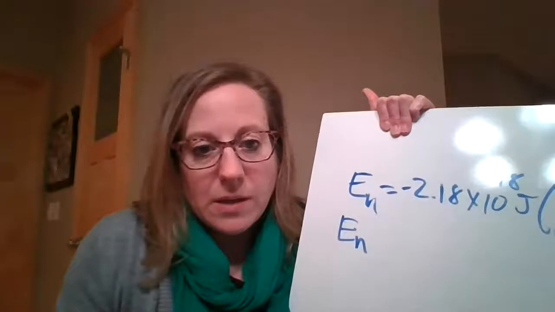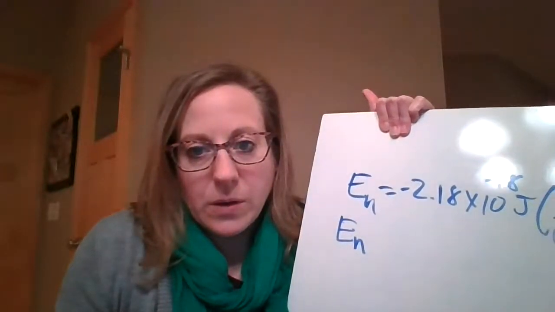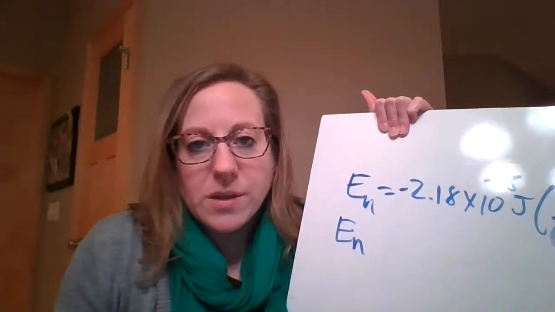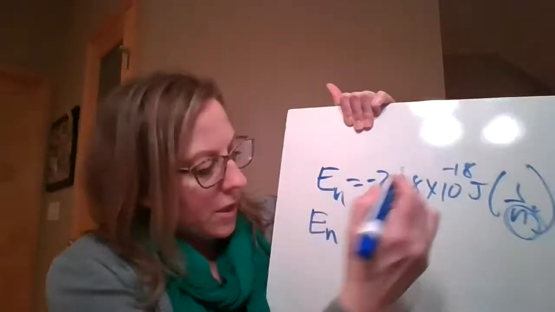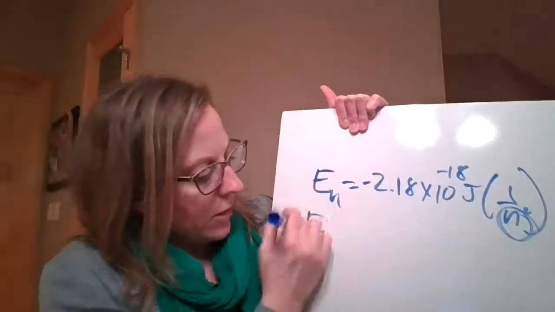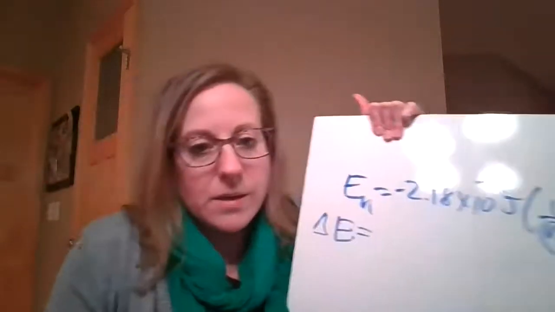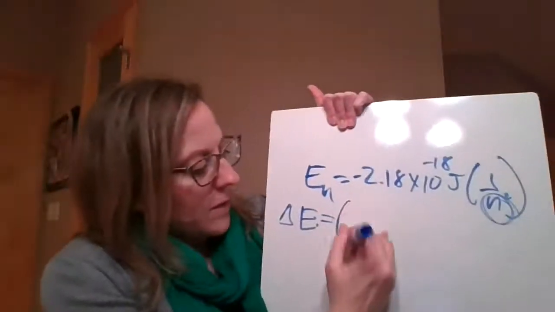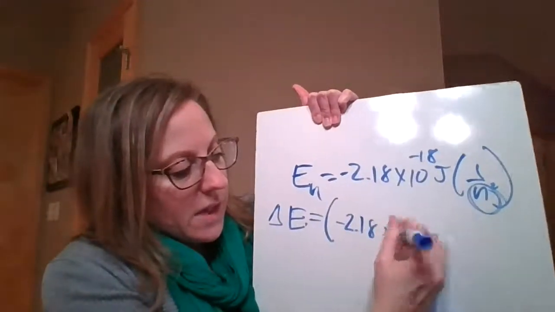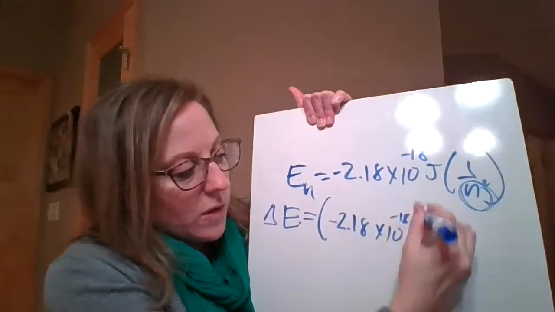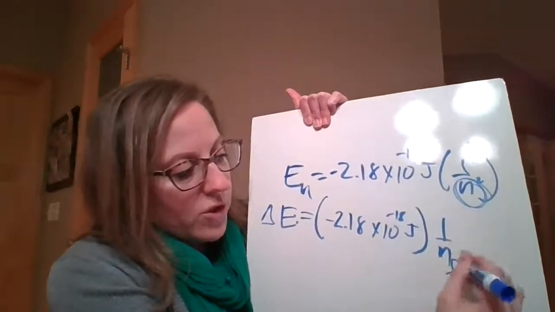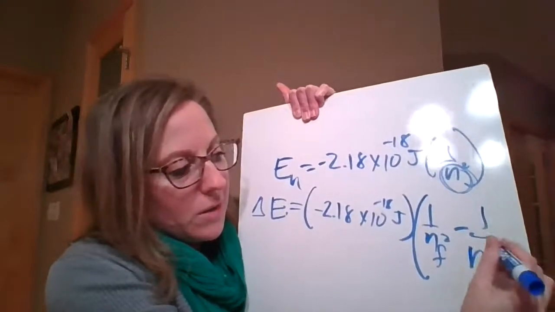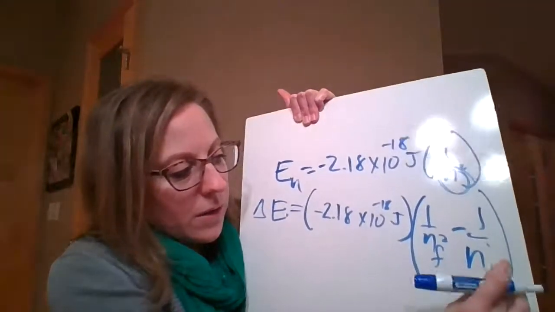A little bit farther down from that, there should be another equation. Let me just see. I think I can see the equation sheet here. There should be one right next to the equation you are asking about. It has the same value, 2.18 times 10 to the negative 18th joules, and then it's 1 over final shell squared minus 1 over initial shell squared.